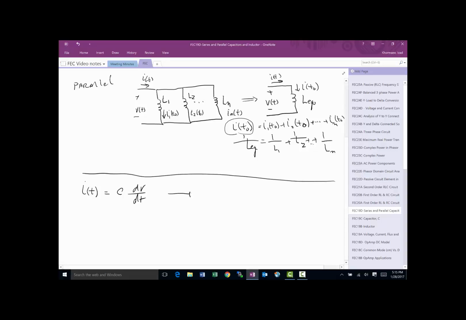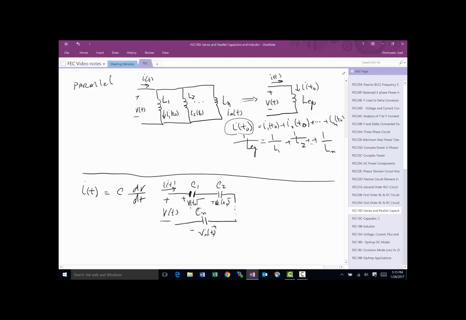So when we have a bunch of capacitors, C1, C2, and a whole bunch more, and finally the last one, Cn, with plus and minus Vt and It. Now remember that each one of these will have its own initial condition, which is V1 at time t0, V2 at time t0, and a whole bunch more, and of course the last one is Vn at time t0.